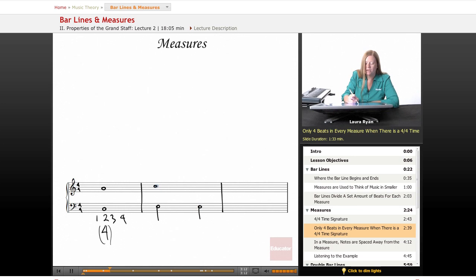Now, we already learned on the grand staff, when you have the treble clef and the bass clef joined together by this brace, that means that when you have notes that are vertically in line, you play them together at the same time. So here, as you remember from our treble clef lesson, we'll count our spaces.